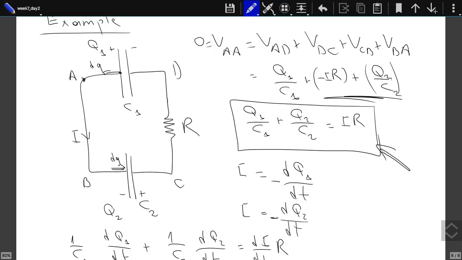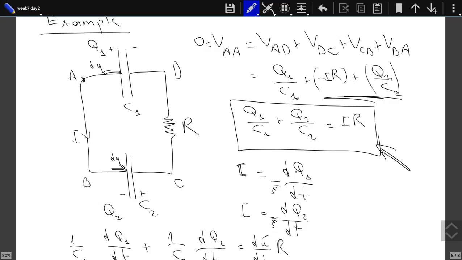And here, Q2 goes to Q2 minus dq, again, if dq is positive. So that is why we have these minus signs over here. So I is either the negative of the time derivative of the first capacitor's charge or the negative of the time derivative of the second capacitor's charge. And then I have these equations. I have three unknowns and three equations. Now the physics is over.